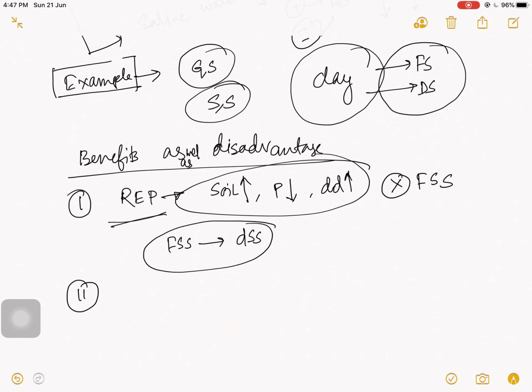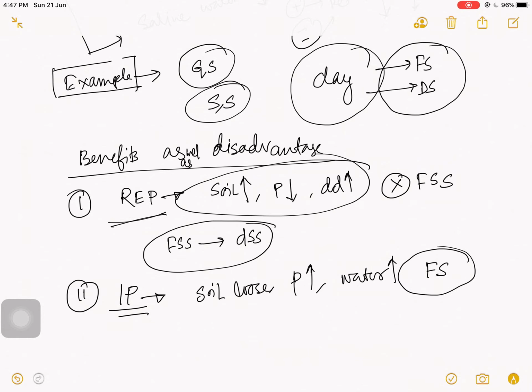Suppose you are a civil engineer working on an irrigation project. In an irrigation project, you need soil that should be loose, permeability high, water passing very high. In that case, flocculent structure is very helpful.